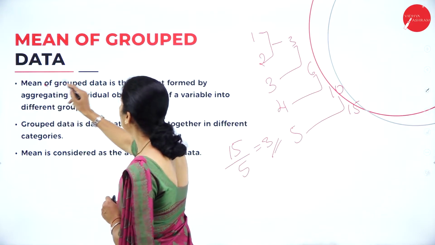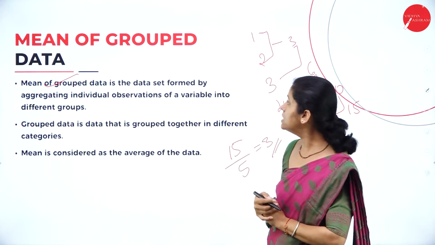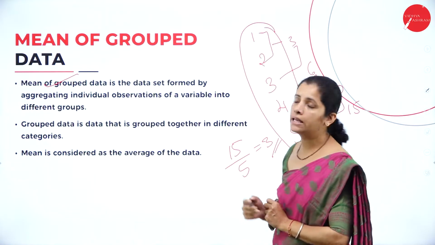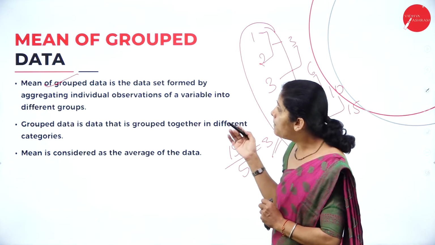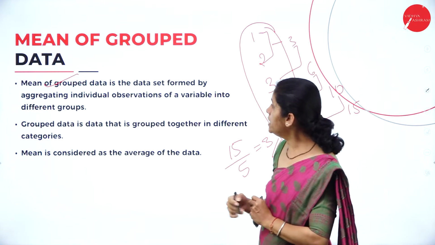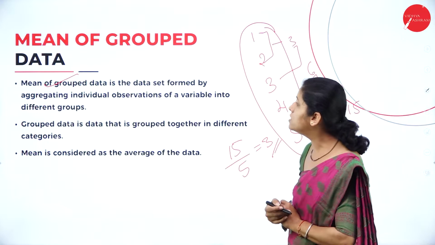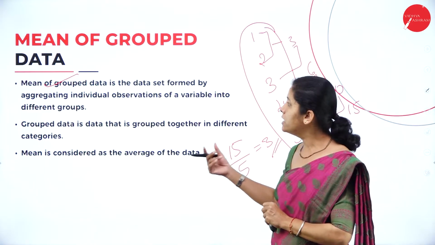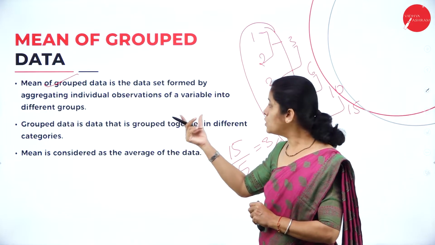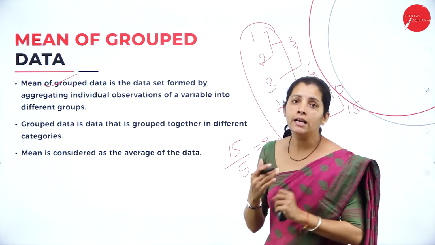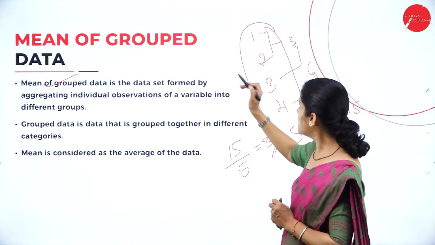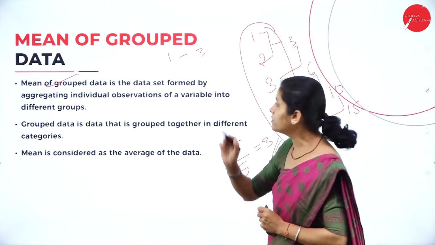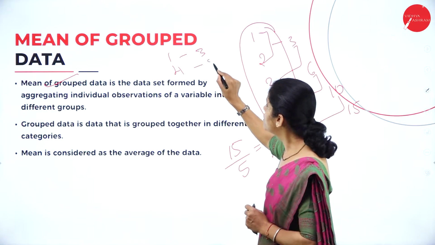So mean of group data is a data set. See here, these numbers are nothing but the data set obtained by aggregating individual observations of a variable into different groups. So here it is grouped data. I want to group the data into different groups. For example, I want to write the range 1 to 3, now 4 to 5.